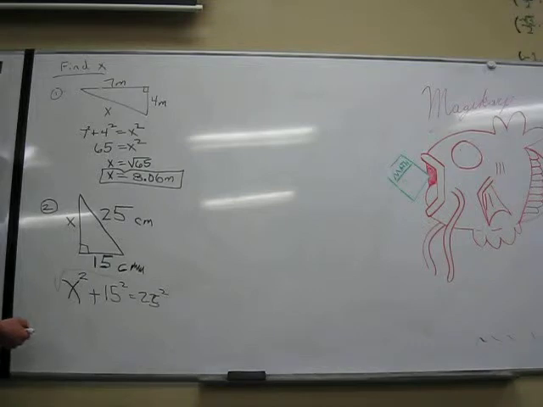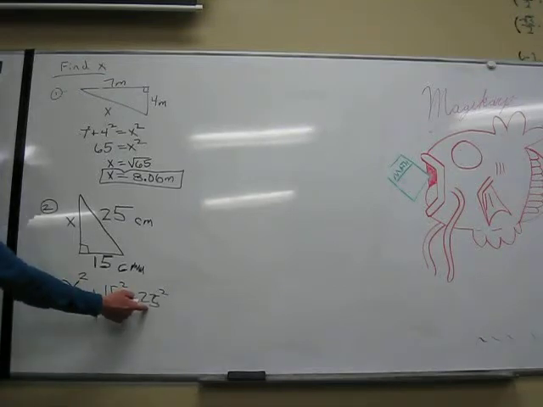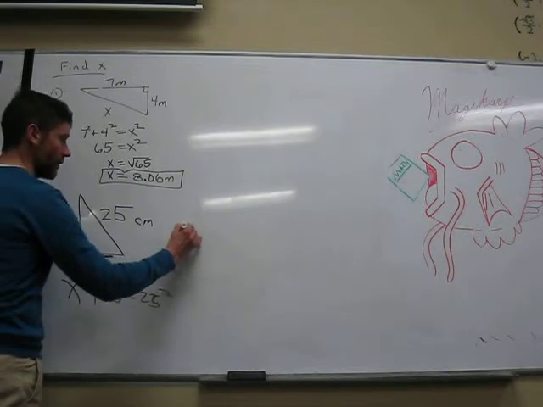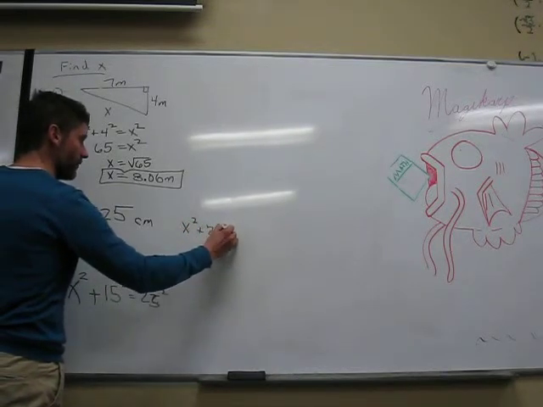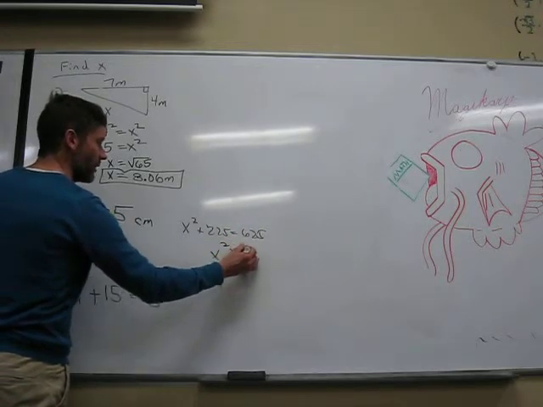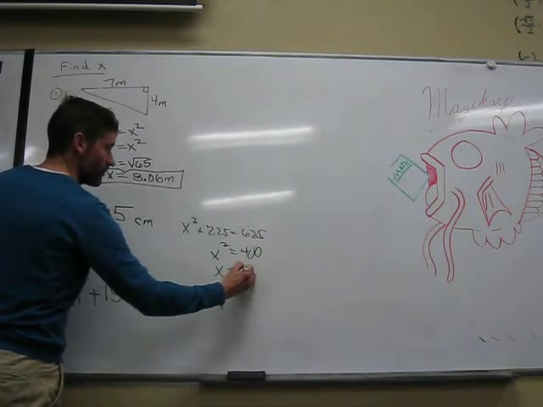You can't do that, right? Because it's attached with addition. So you just want to isolate the squared and then simplify. So this is 625, 225, and I just subtracted over. So x squared plus 225 is equal to 625. So x squared is equal to 400. So x is equal to 20.